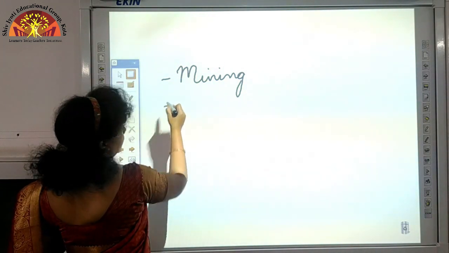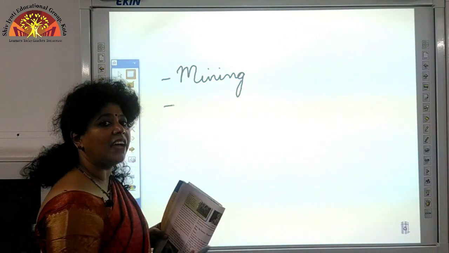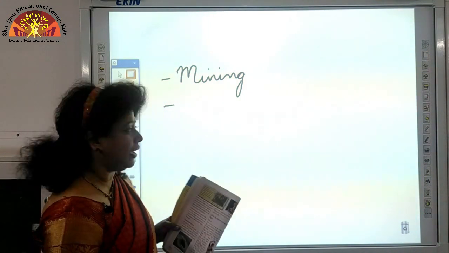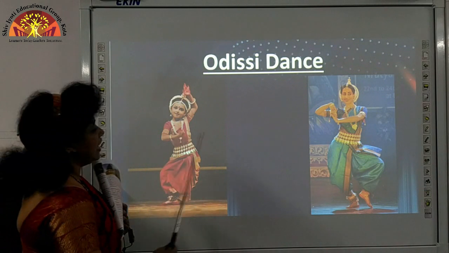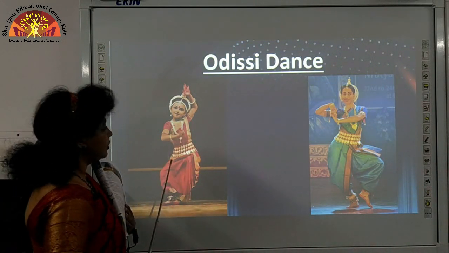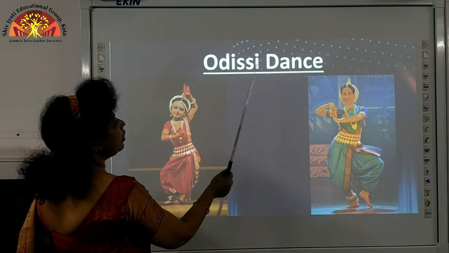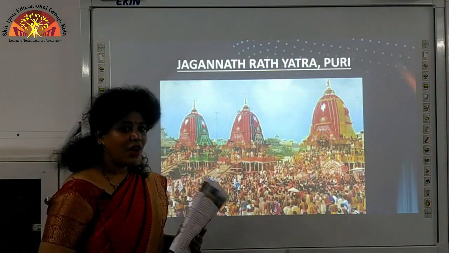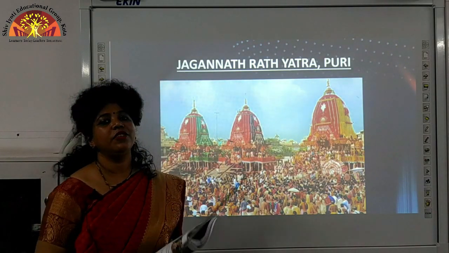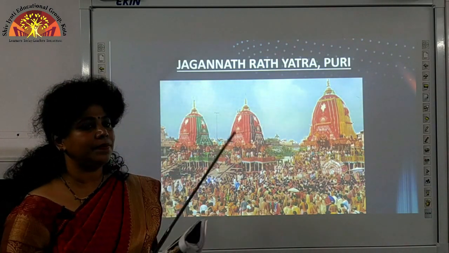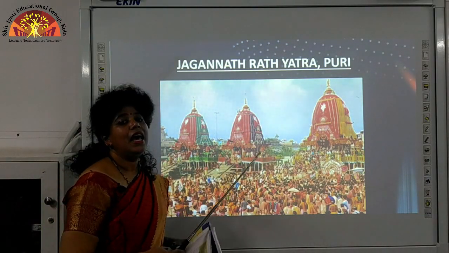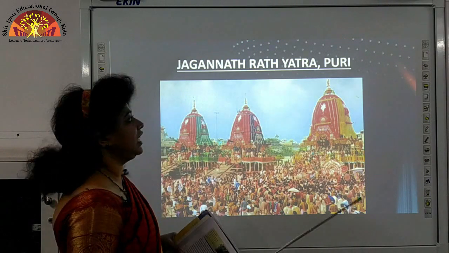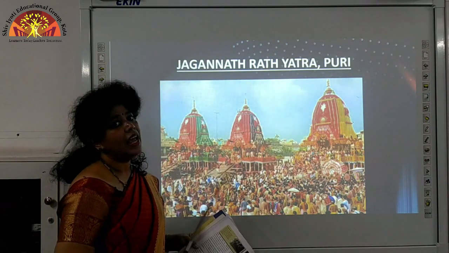What is the regional language of Odisha? In what language do people of Odisha speak? They speak in Odia. So this is the traditional dance form of Odisha, and it is called Odissi dance. Odisha is also a center for religious tourism. This is the Jagannath Rath Yatra at Puri, and people flock to it.